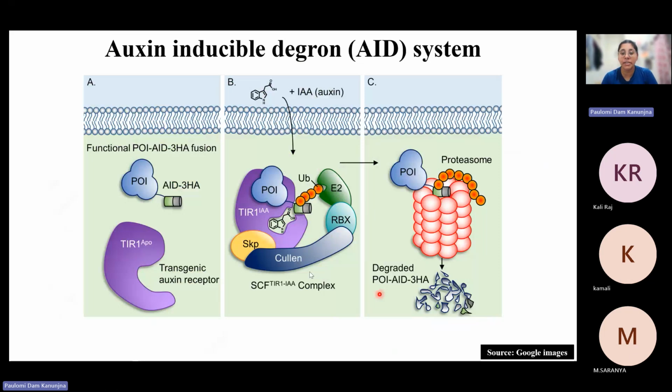For example, let me just explain this entire procedure to you. So this AID is basically a conditional protein degradation technique, conditional being that it is under the control. So we can target a protein inside the cell and we can do it in an inducible system. Inducible being that this is under the control of auxin. Okay.